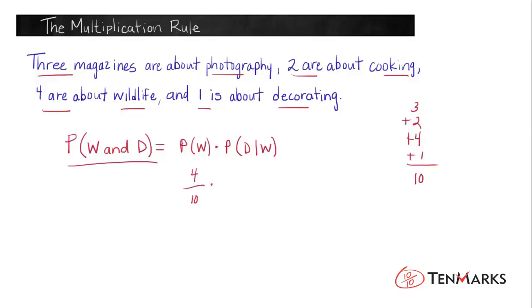Given that a wildlife magazine was chosen first, that means there's 1 less magazine for the patient to choose from, so there's a 9 for the denominator, and for the numerator there's 1 decorating magazine available, so that would be a 1 here. Now we could go ahead and reduce the 4/10 to 2/5, and then multiply 2 times 1 is 2, and 5 times 9 is 45. So the answer to this question, what is the probability of getting a wildlife magazine and then choosing a decorating magazine, is 2/45.